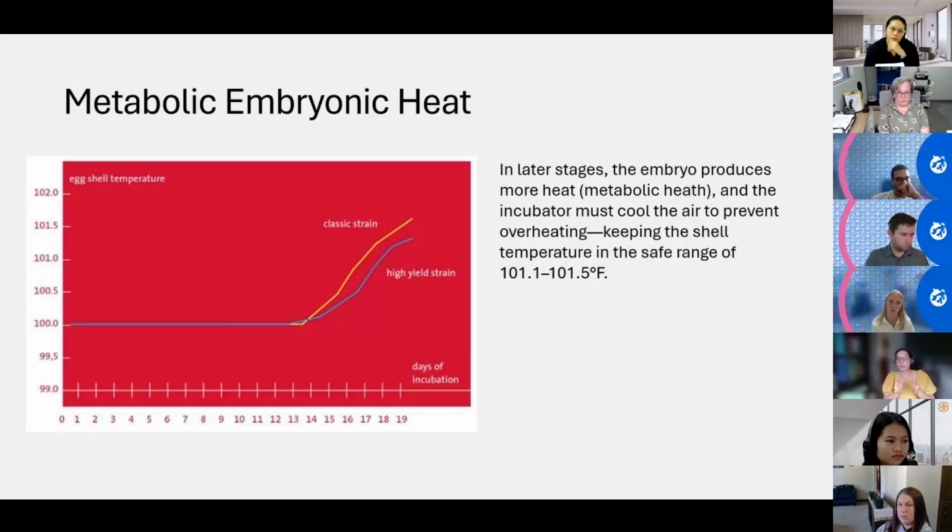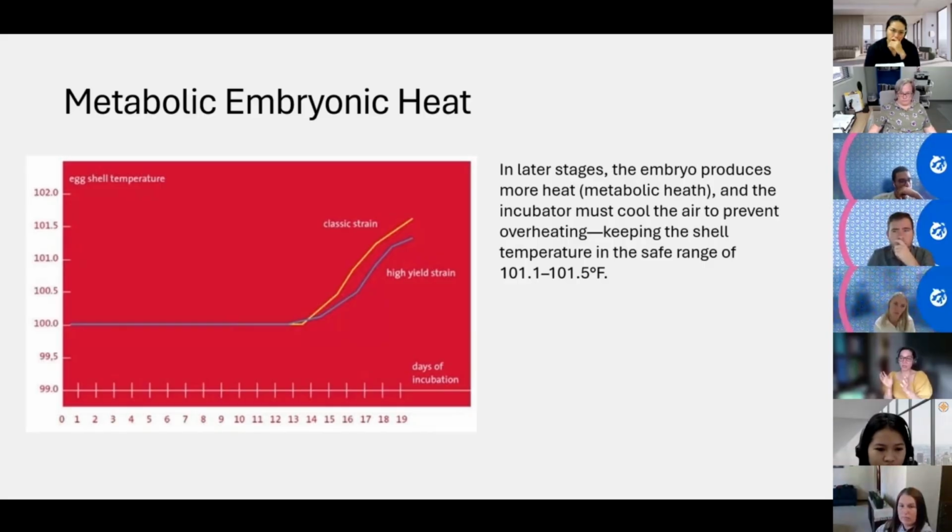So now my eggs are inside the incubator, and since we are talking about metabolic embryonic development, once I set the egg, it is going to start absorbing heat from the environment. As the embryo develops, it will start producing heat.